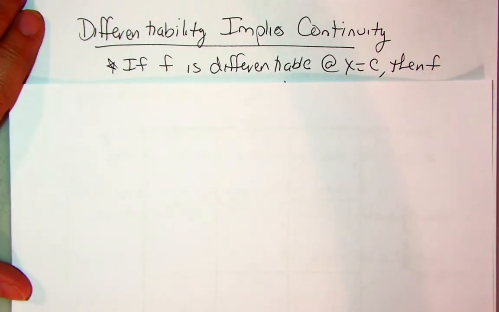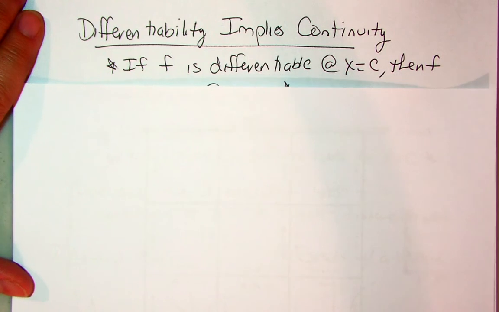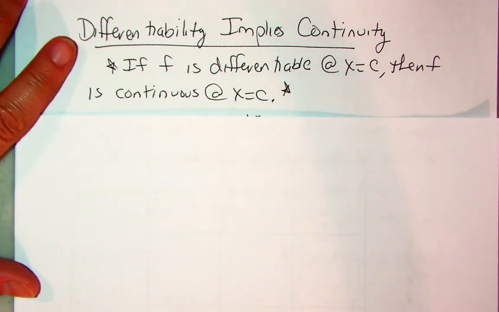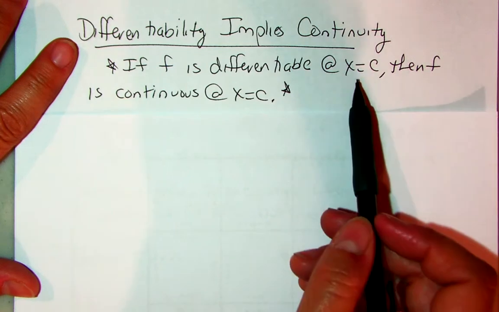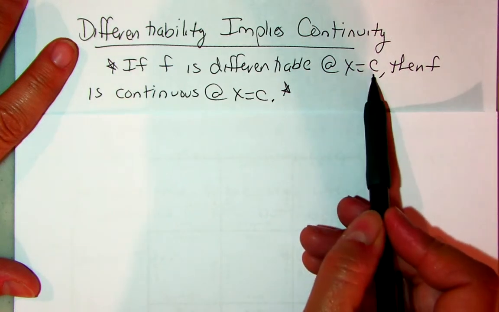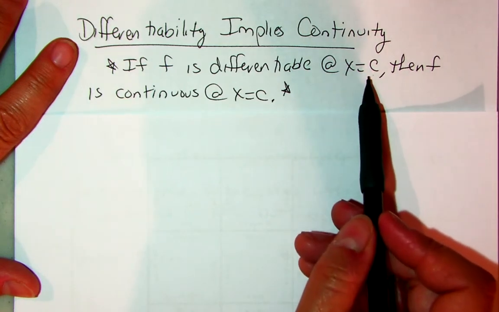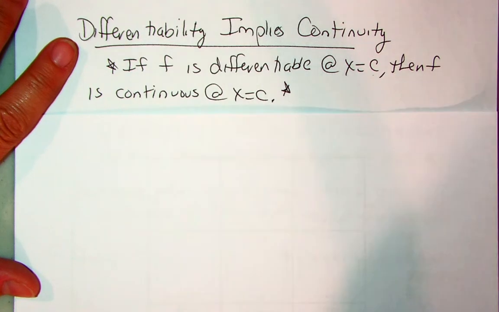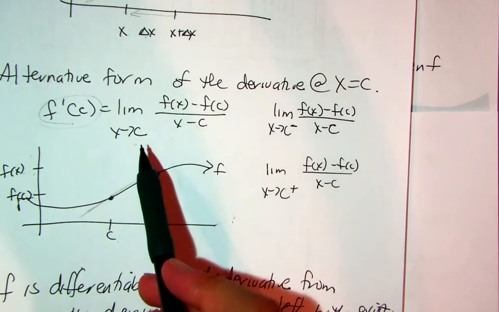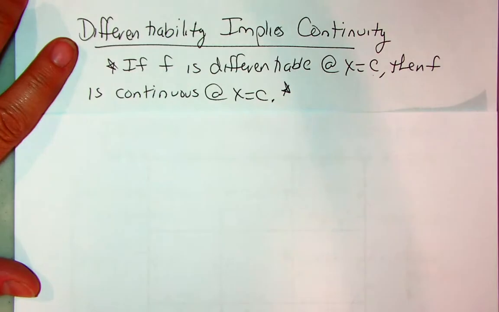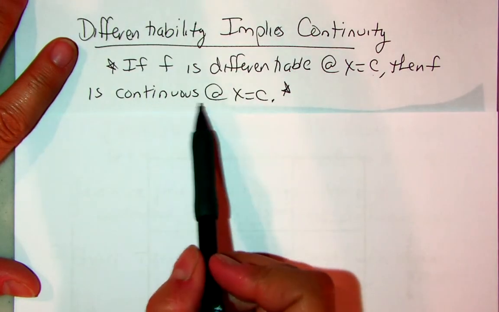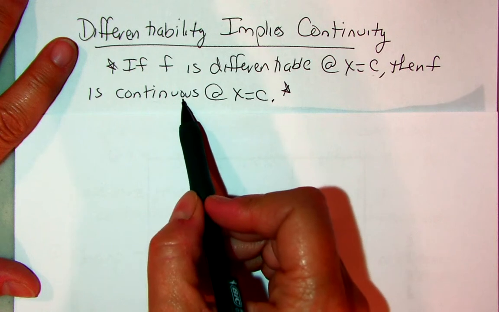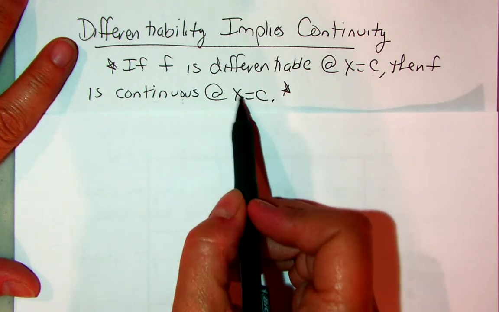If it's differentiable, then it implies it is also continuous. So if f is differentiable at x equals c, at that particular x value, which means this is true, then f is also continuous at x equals c, which means I don't pick up my pen through c.